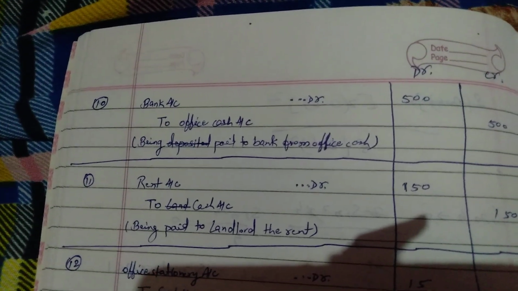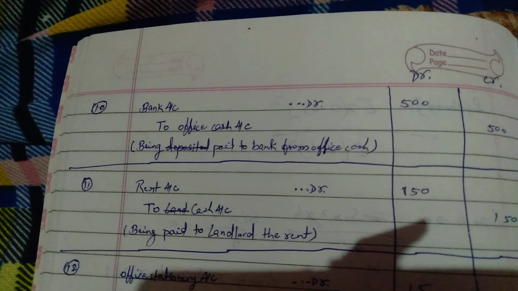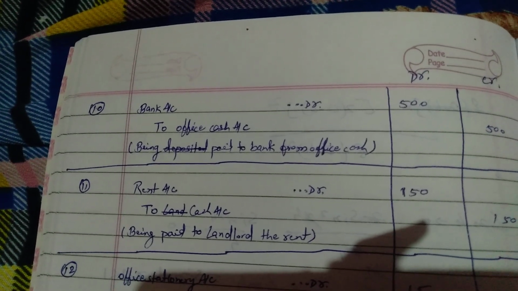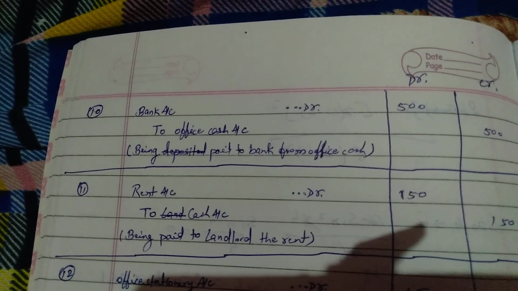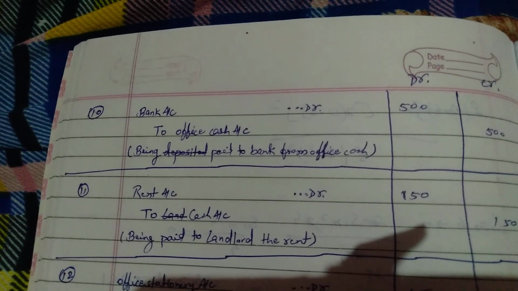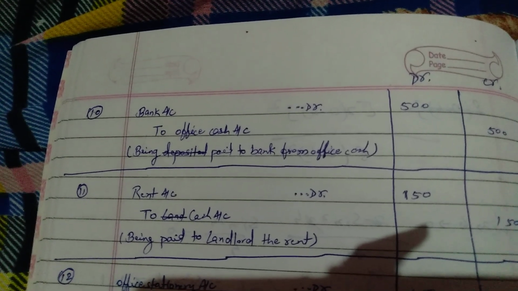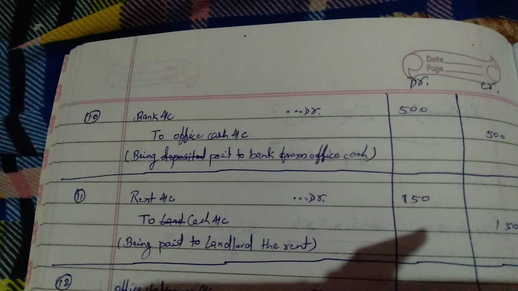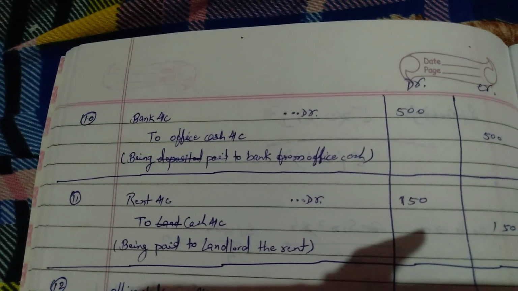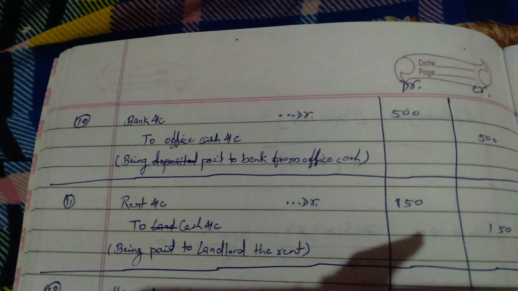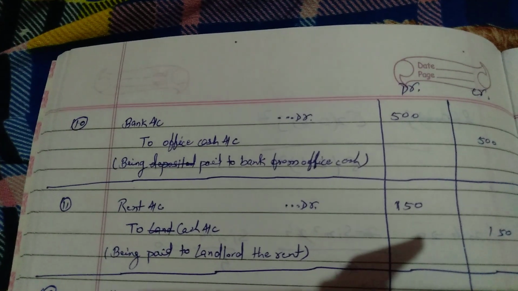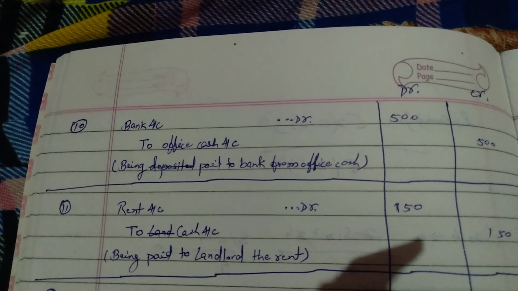Then the 10th transaction is being cash paid to bank from office cash. So bank account debit to office cash account, 500 rupees.